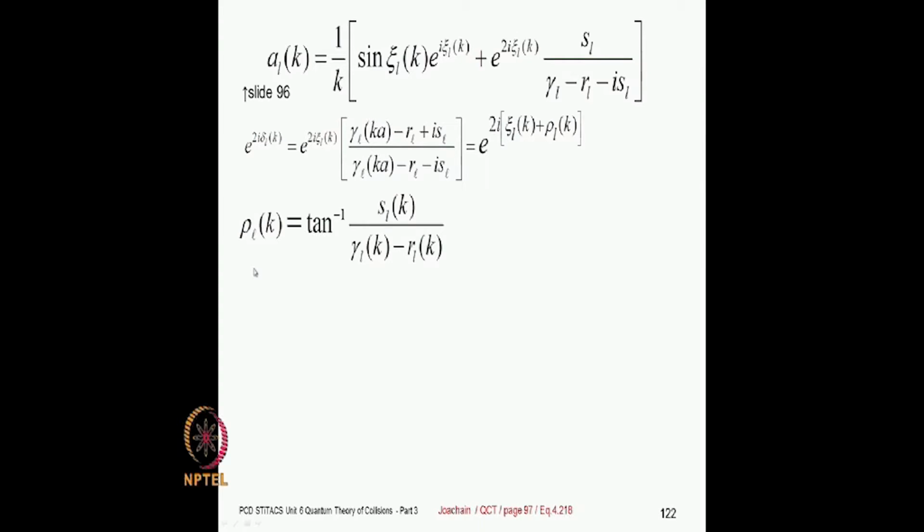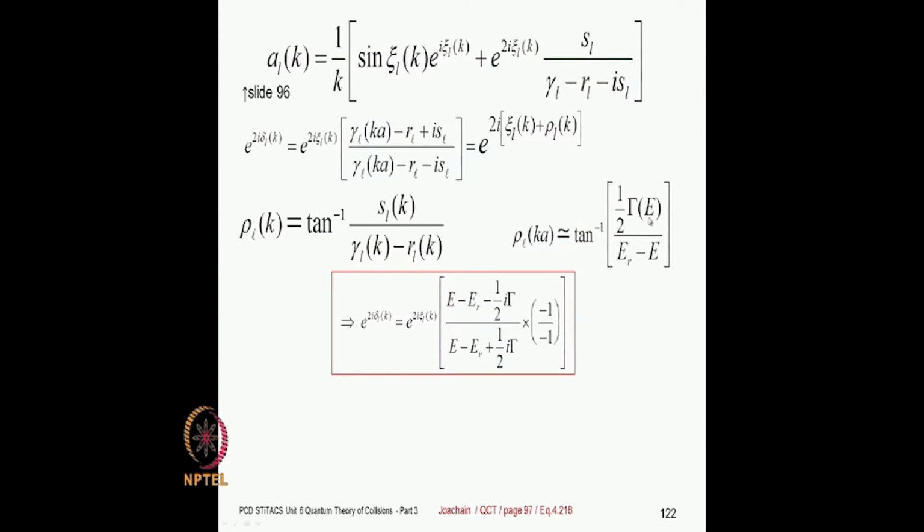Rho itself was introduced in terms of s and r and the logarithmic derivative of the radial function, but now we have defined gamma such that tangent of rho is equal to this ratio, which is half gamma divided by ER minus E. So now you can write using these two relations, because both describe the same angle rho, but here this angle rho is described in terms of a ratio involving s, gamma and r.